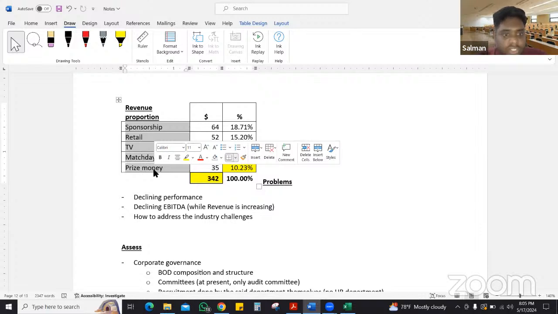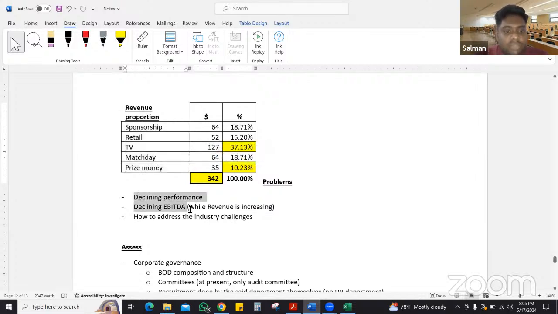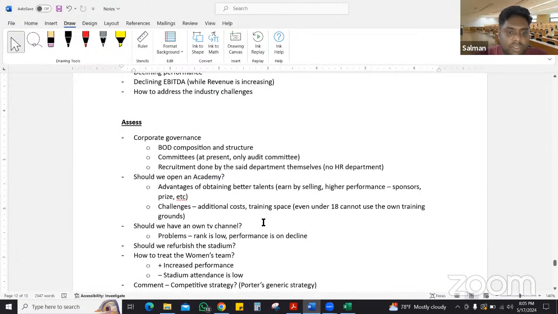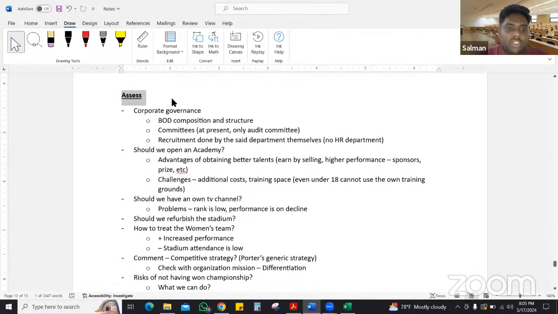And renovation of the stadium. Declining performance, declining EBITDA, we discussed, and how to address industry areas. Based on what we discussed so far, we identified several points. One is corporate governance. Board of director composition is questionable. EDs are 6, NEDs without the chair is only 2.